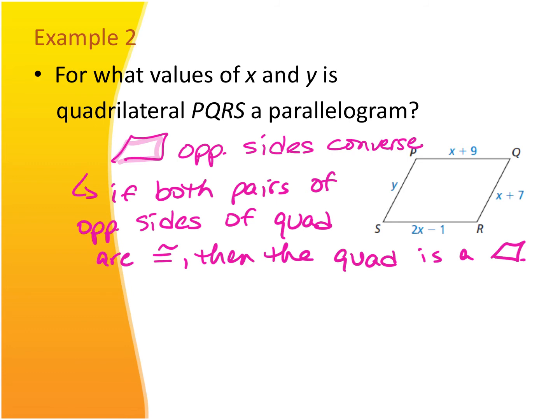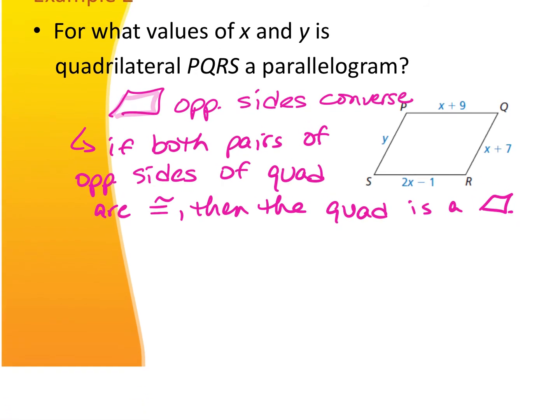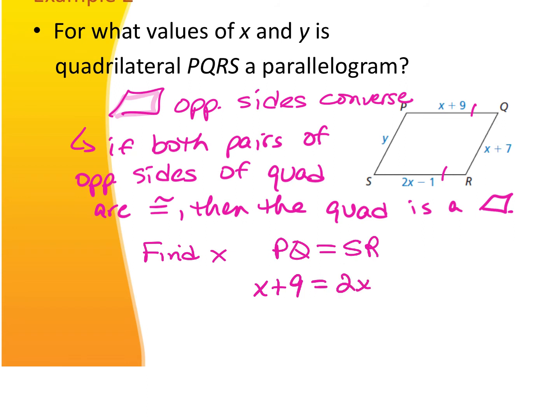So to find x, I'm going to be setting PQ equal to SR because I know opposite sides are congruent. PQ is x plus 9, and I'm setting that equal to 2x minus 1.